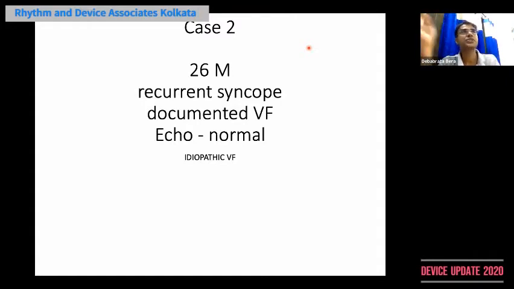These are the things which can give rise to VF and short coupled PVC. Long QT syndrome can give rise to triggered PVC and VF. Echo was normal for this patient and his QT was normal. It was not even a short QT, not even a long QT. It was labeled as idiopathic VF, and the patient received an ICD for prevention of sudden cardiac death.